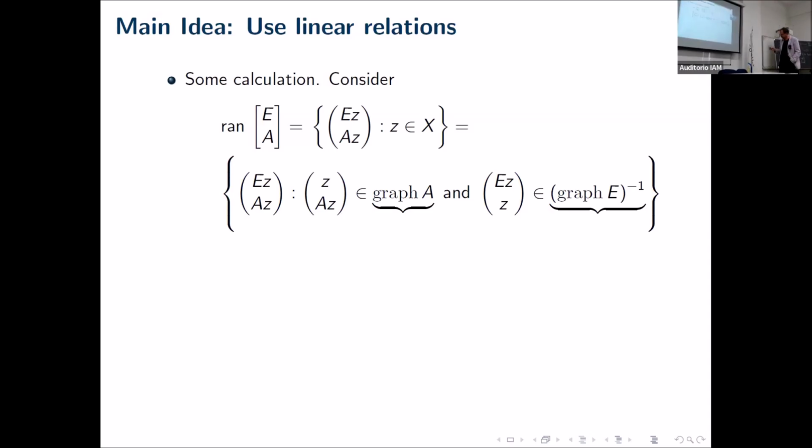We can read it as follows. What comes now is motivation why it makes sense to look at these objects. So again, we look at the range of EA, and now we can read it as a column.